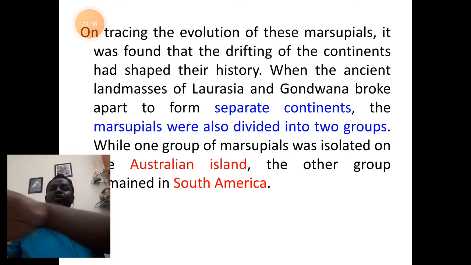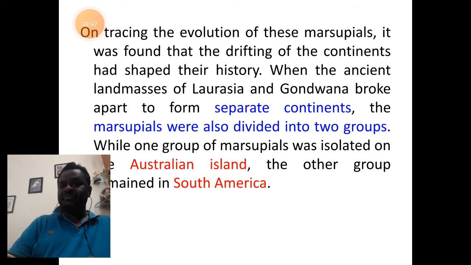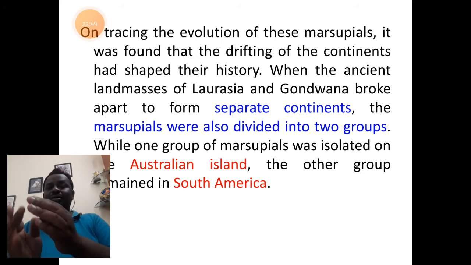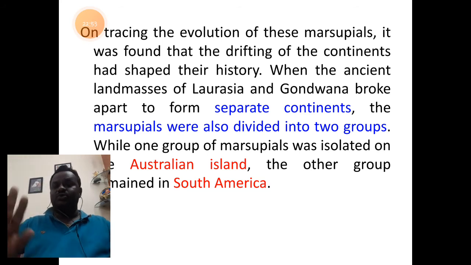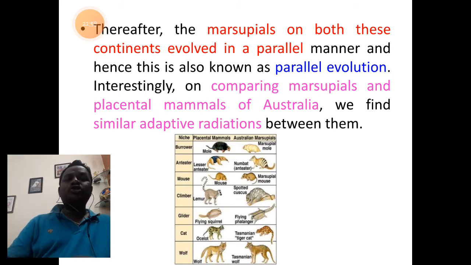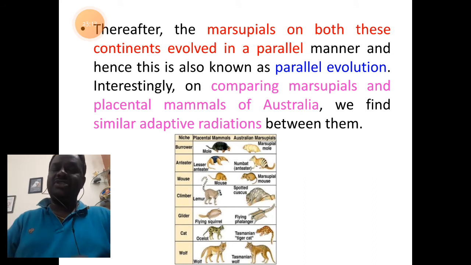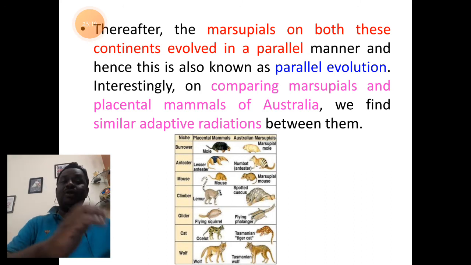One is a new land, an island that formed, Australia, whereas the original mainland was South America. The marsupials got divided onto these two lands, one in Australia, the other in South America. Marsupials on both these continents entered into different environments. In parallel, they started showing evolutionary changes. Both showed equal changes, which we call parallel evolution.